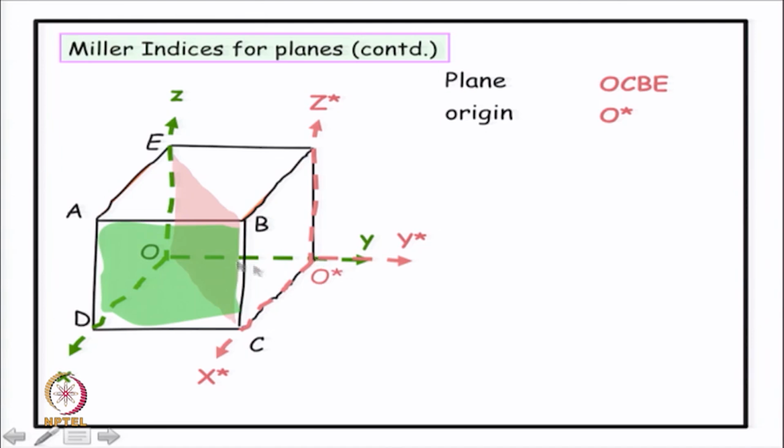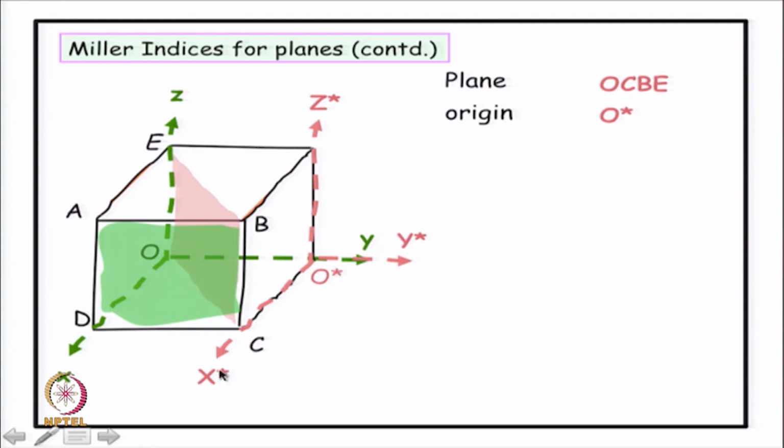Please note that when I am shifting the origin to this corner, I am keeping the axes parallel. This is what we had done for the directions also, and the same procedure has to be repeated for planes as well. So, we are free to choose the origin anywhere, but for a given problem, once we have chosen the axis orientations, the same axis orientation has to be followed with the new origin.